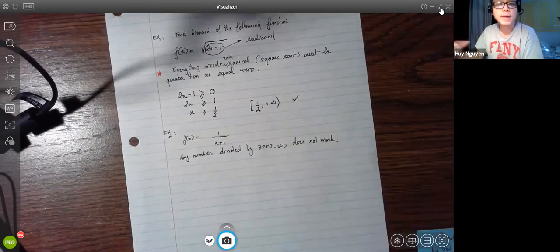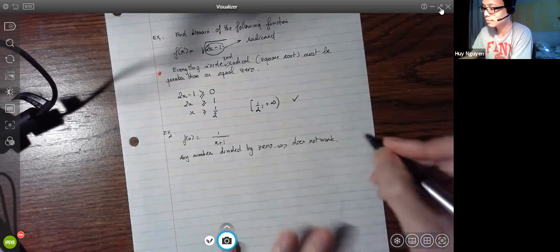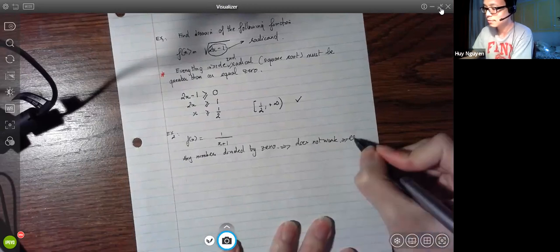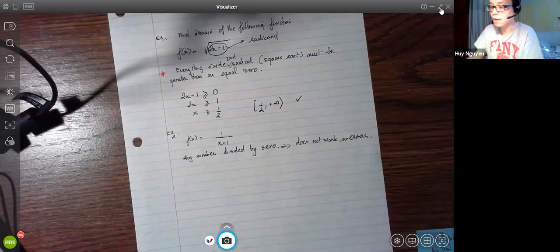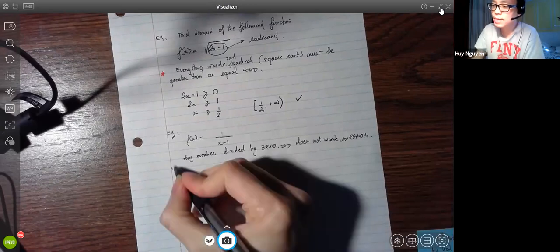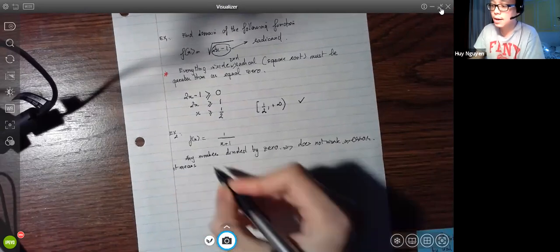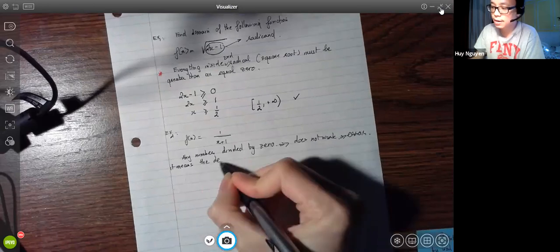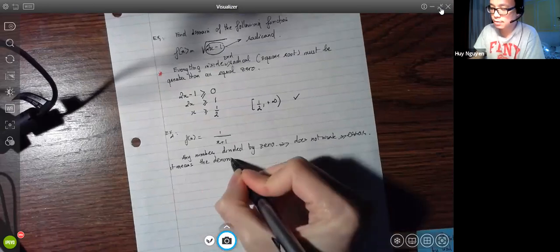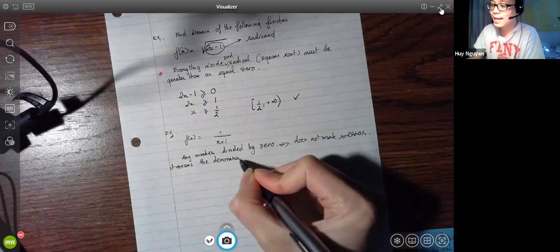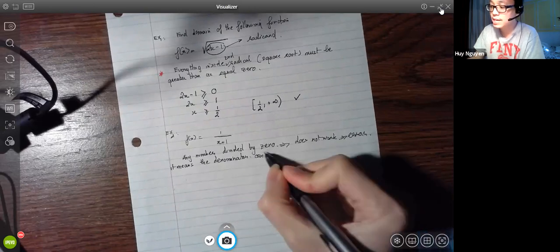A negative number divided by 0 does not work. A rational or irrational number divided by 0 does not work. It gives you an error. So it means the denominator can't be 0.